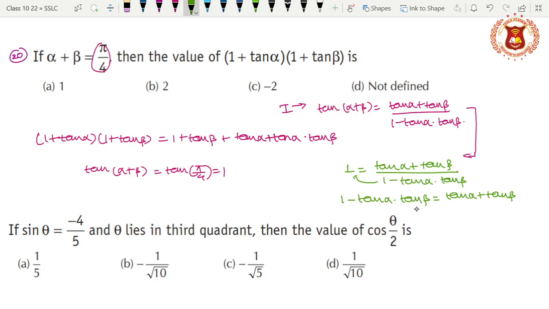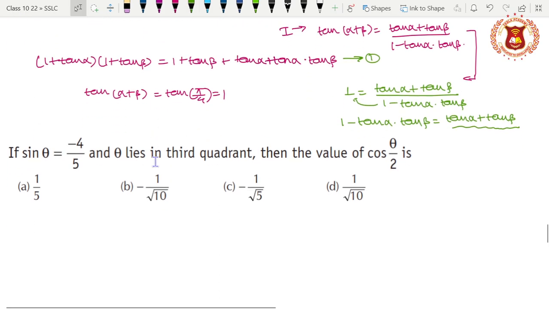I know tan alpha plus tan beta is equal to 1 minus tan alpha into tan beta. Therefore, observe this equation very carefully.